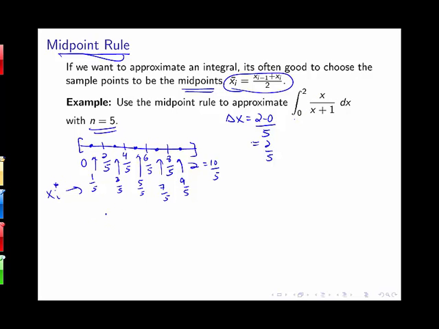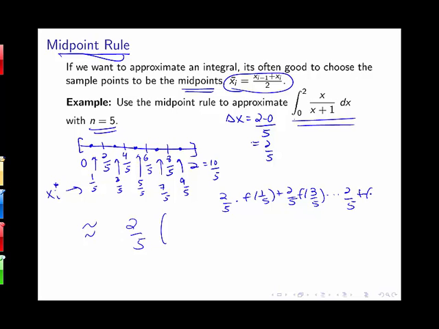So my area here, or my net area, will be approximately my width, 2/5, times the height of each one. Now we know that this would really be 2/5 times f of 1/5 plus 2/5 times f of 3/5, etc., up to 2/5 times f of 9/5.